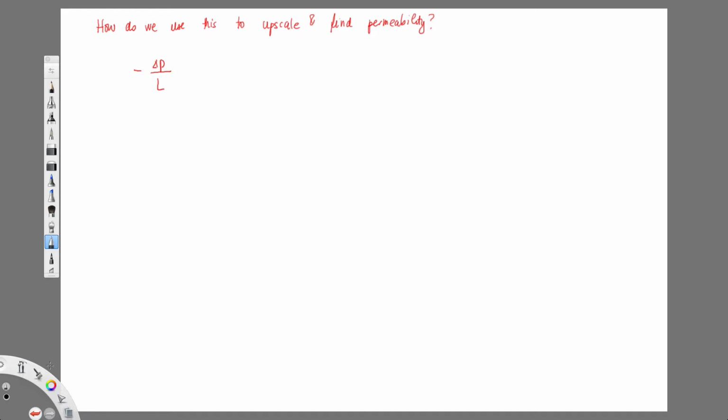So my delta P over L is basically the difference in pressures at the ends of the unit cell or sphere pack. Again, you can either look at this within one unit cell or a packing of them falling down, however you want to look at it.